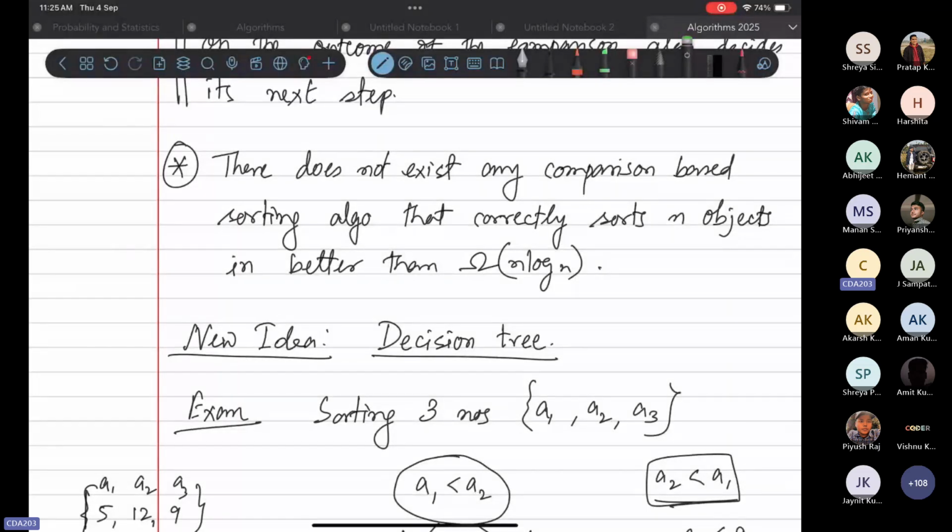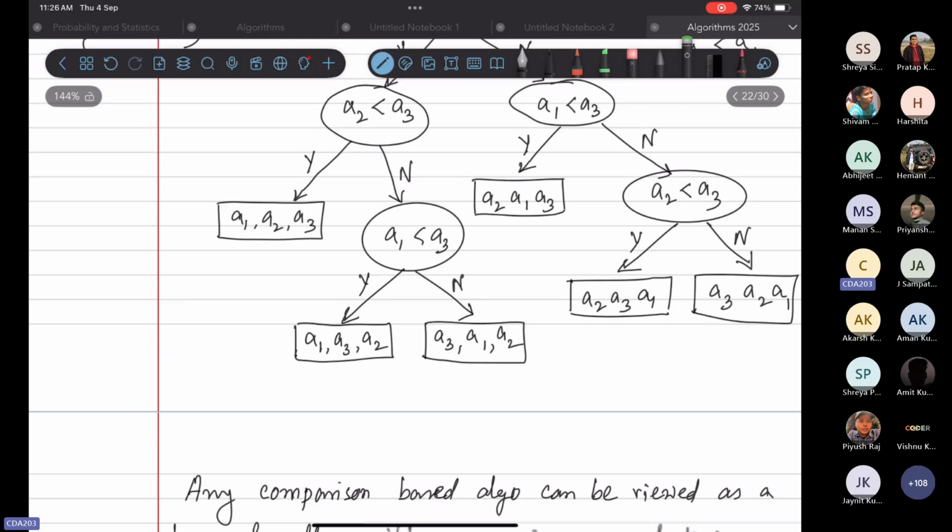Right? So in terms of this decision tree, what do I have to show now? To prove this result, we have to show that if I consider all the decision trees that represent some comparison based sorting algorithm, then all the trees should have height at least n log n. Is this clear?